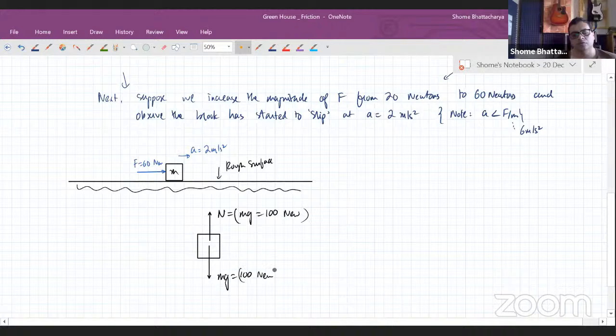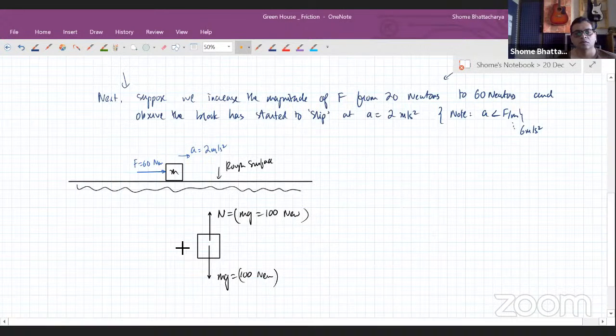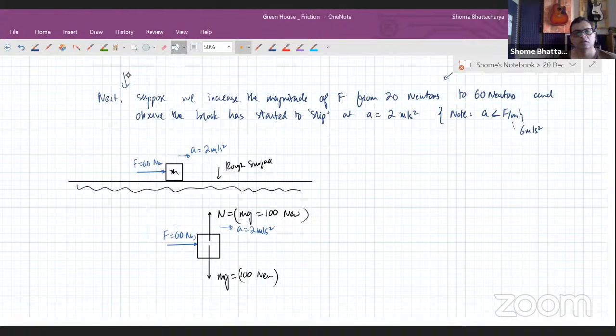Now this force of 60 newtons is creating an acceleration of only 2 meters per second square. So that means there is friction acting, but that friction is doing something different now. It is not able to prevent slipping. It is opposing slipping. So this is called kinetic friction.